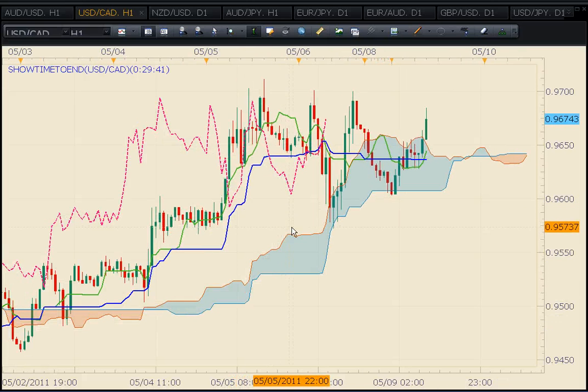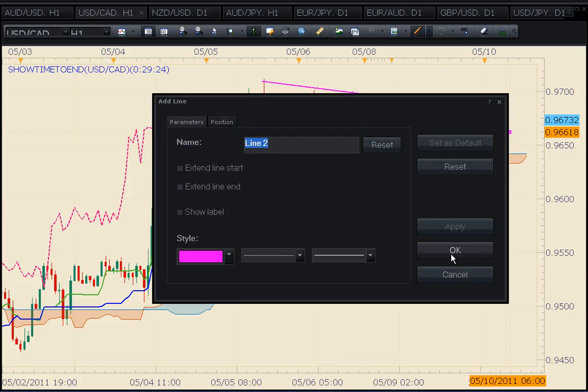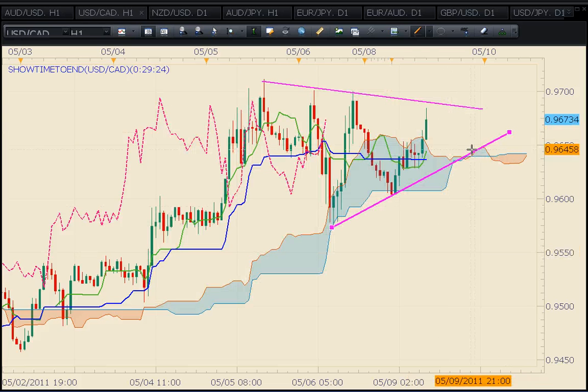And on my hourly chart, if we put in some lines, this looks to me like a symmetrical triangle where you have price making lower highs and higher lows, and they converge together, and it's sort of like pushing a spring down.